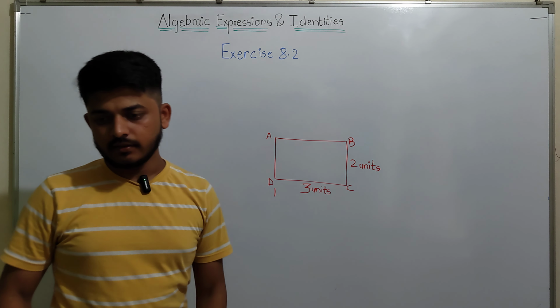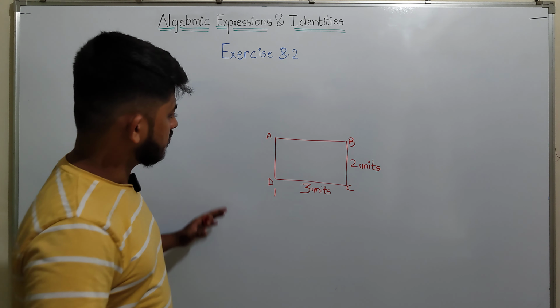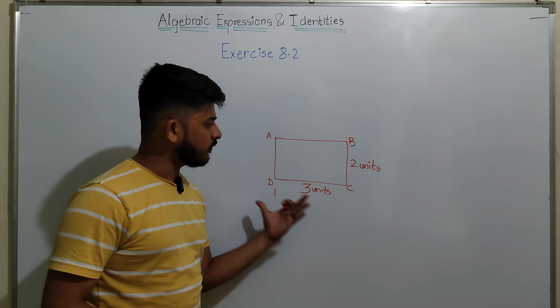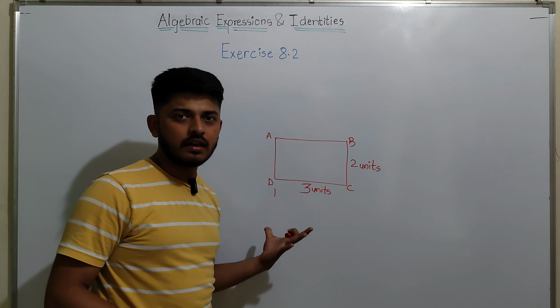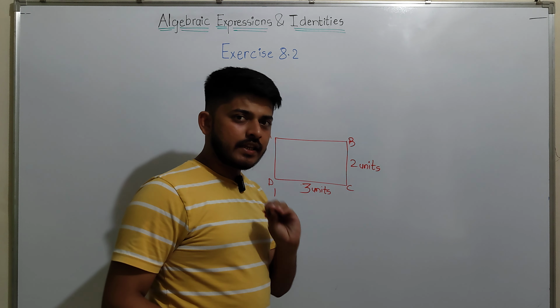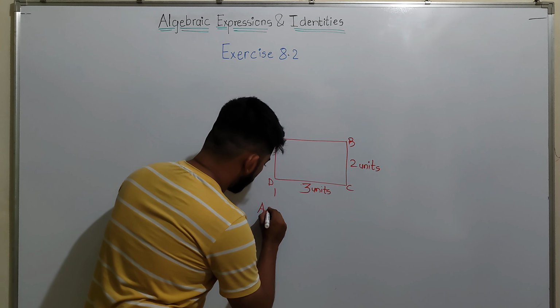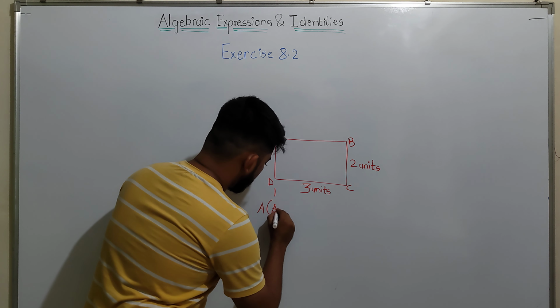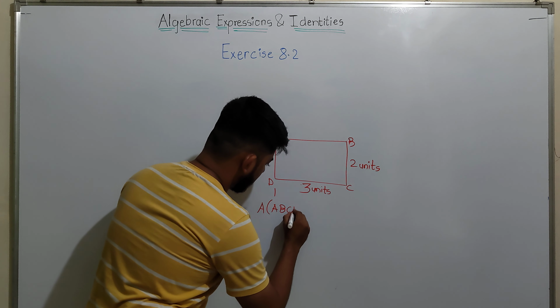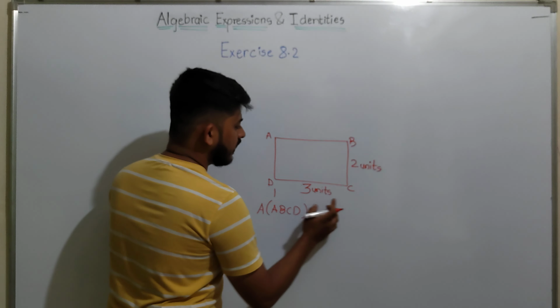Now coming towards the actual main point, the reason behind giving this example was, suppose this is the rectangle, and if you want to find the area of this rectangle ABCD, the area of rectangle ABCD is length.